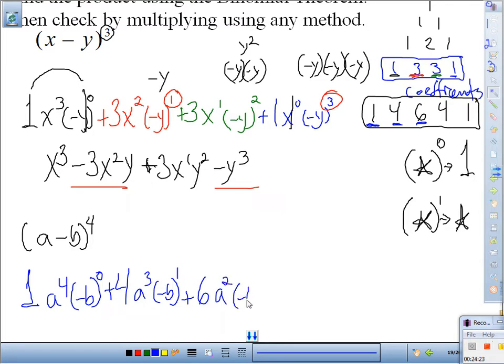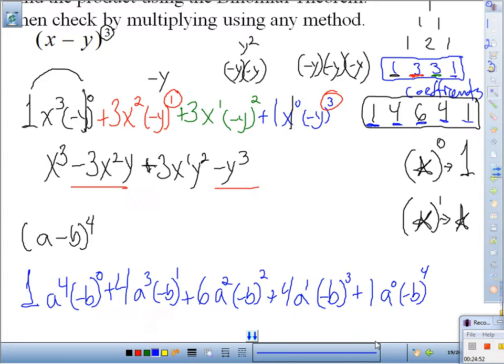Squared and negative b to the squared. Next, 4. 4 a to the 1st and negative b to the 3rd. And last but not least, plus 1 a to the what? 0 and negative b to the 4th.